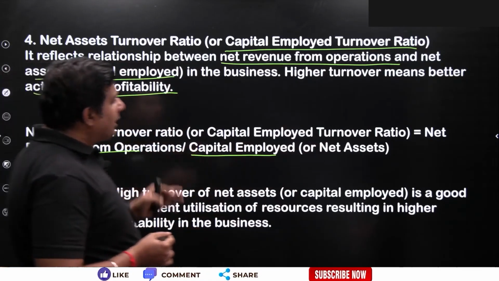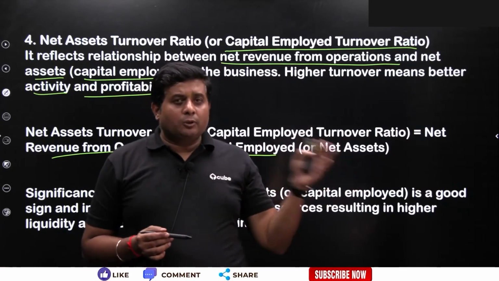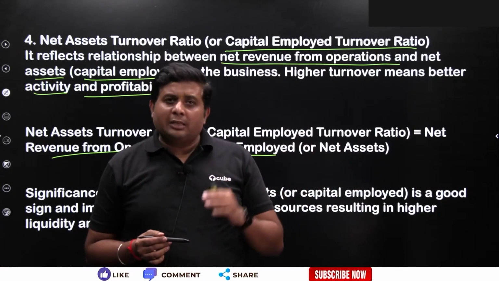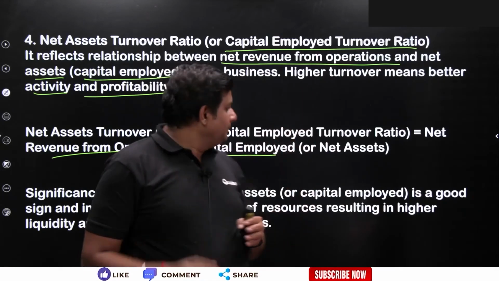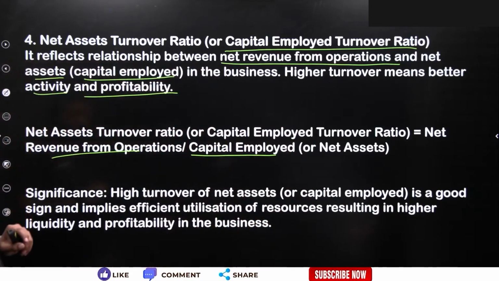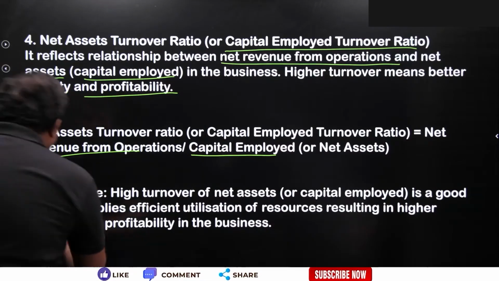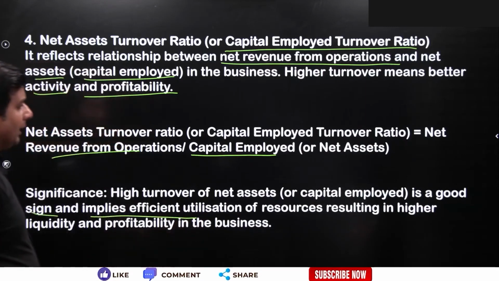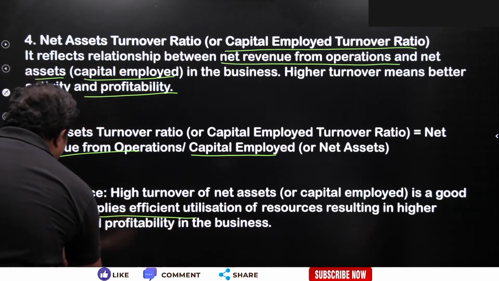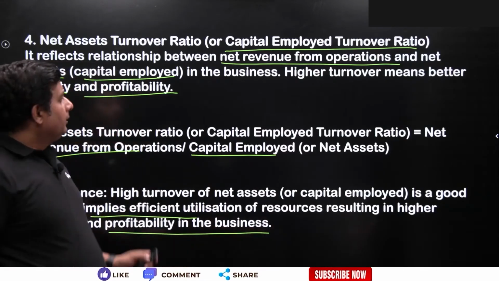Upon capital employed, which can be calculated in two ways: one is the asset side approach and another is the liability side approach. I have already explained this while teaching you the solvency ratio. Now, what is the significance? A higher turnover of net assets or capital employed is a good sign and implies efficient utilization of resources, resulting in higher liquidity and profitability in the business.